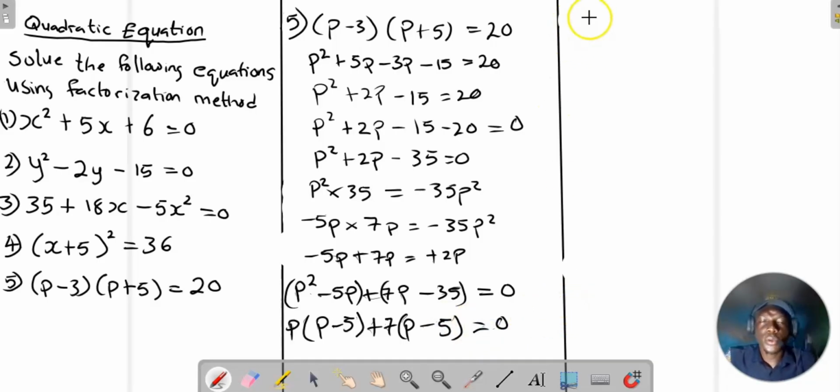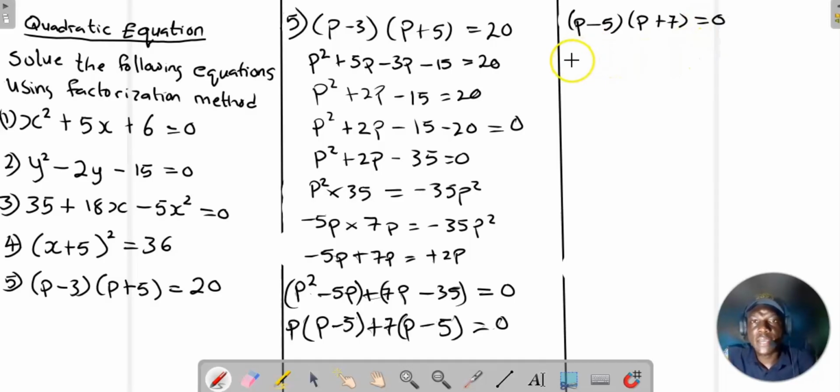Since we have the same thing in the bracket, we just pick one: p minus 5, then we pick out the two numbers outside the brackets: p plus 7 is equal to 0.